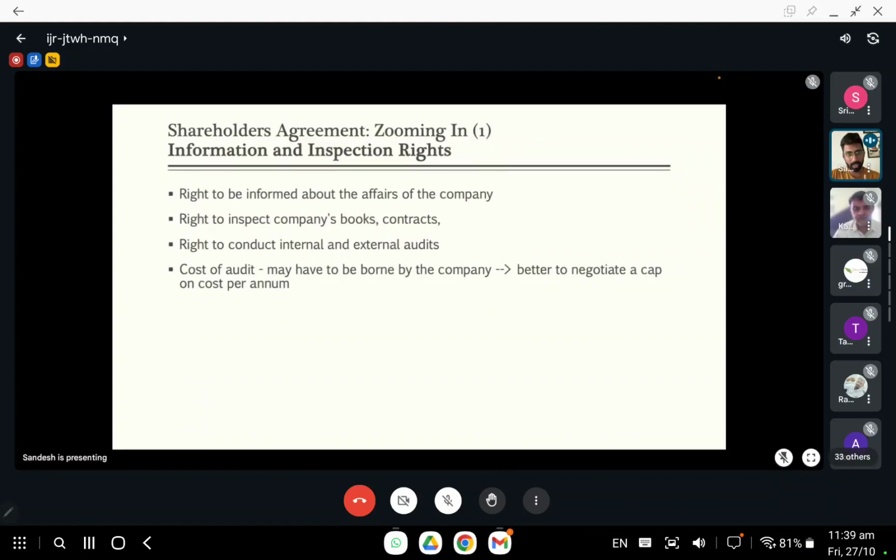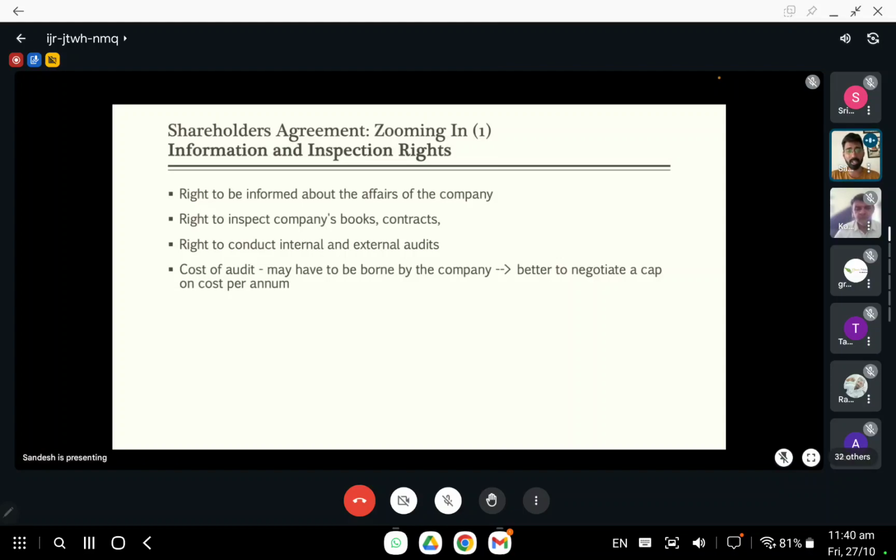They'll also ask you for your audited financial statements. They will also ask you for the right to come into your company's premises, to go to your CA's office and check your books of accounts, to check your filings. Whether they do that or not is something that nobody knows, but they would want to have that right to come and check, right?